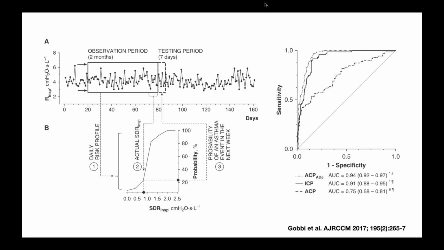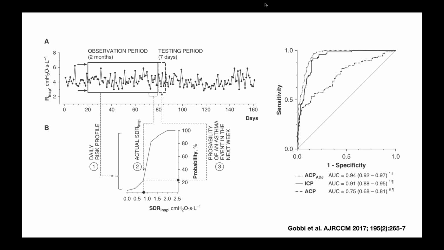So the idea behind this is that for every individual, after a few weeks of monitoring, you will have an individual behavior or variability score. And for any given day or days of monitoring, you can give a probability of somebody heading out of control. So this is a sophisticated way to look at peak flow variability.